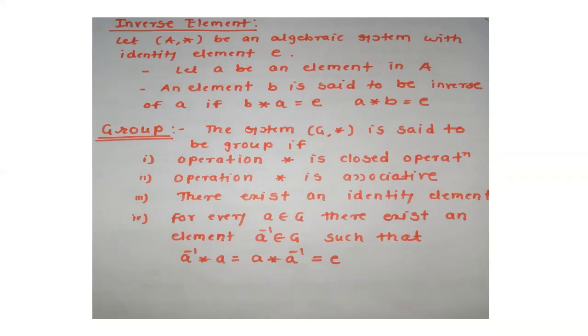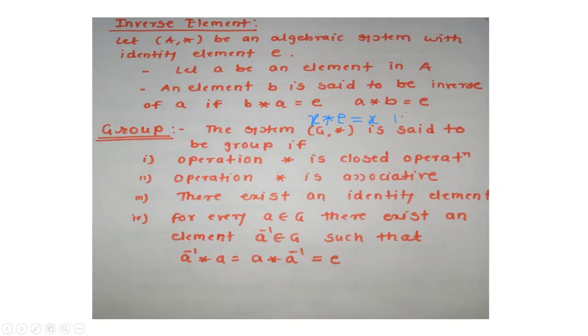So what is the identity element? Suppose X is an element and star is an operation. Whatever the operation of this element E with X, we get X. Then this E is your identity element.